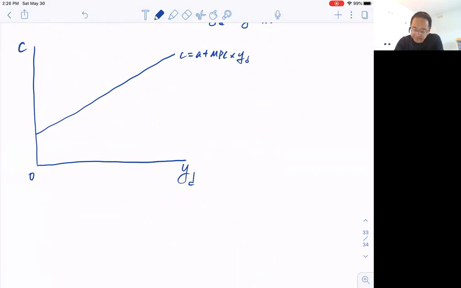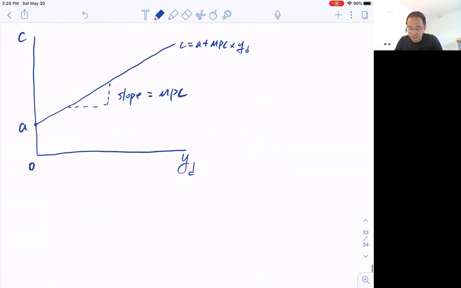The slope of this line, the rise over run, is your MPC. And this point is what C is given YD being 0. So this is actually your little a. Little a is what you have to spend on consumption even when your disposable income is 0. That's what it looks like graphically.